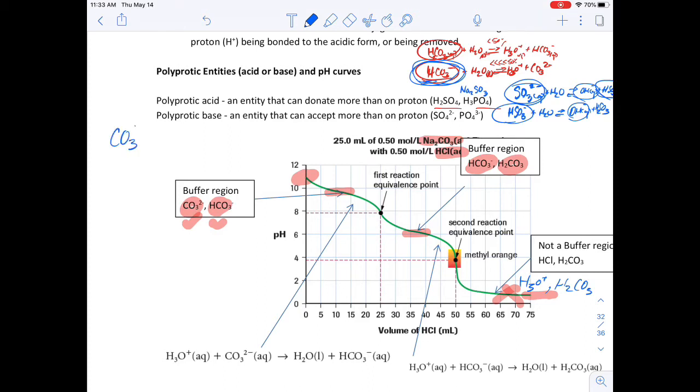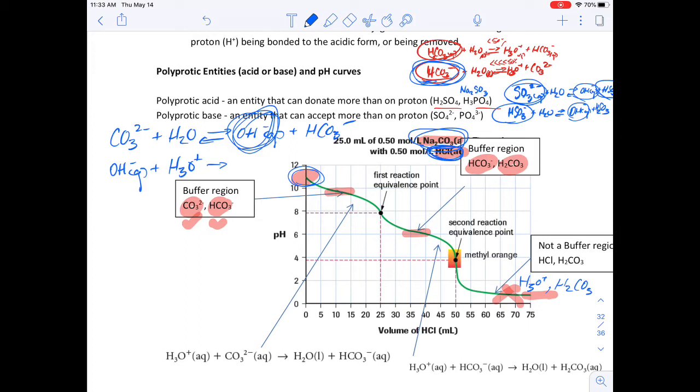Carbonate and water will make a little bit of hydroxide. So the initial solution that you start with of carbonate ion is basic, and there are some of these hydroxides. So those hydroxides will quantitatively react just right here with the hydroniums from the acid particle to make water.